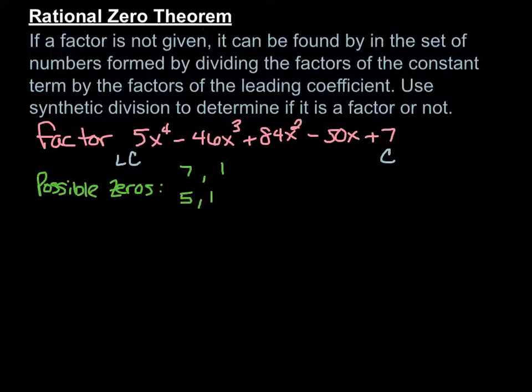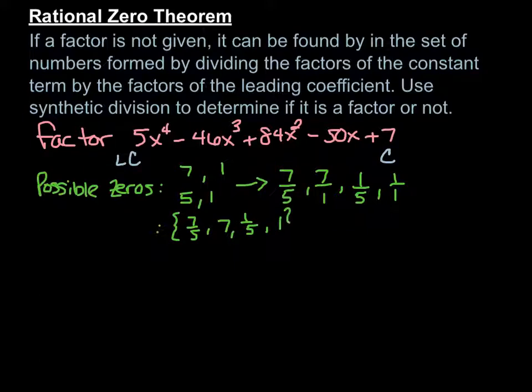Okay, so I'm going to set up fractions with those possibilities. So we got 7 over 5 and 7 over 1. We also have 1 over 5 and 1 over 1. So our possible zeros are 7/5, 7, 1/5, or 1.